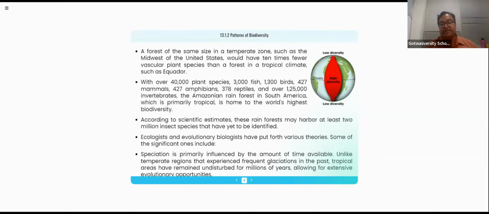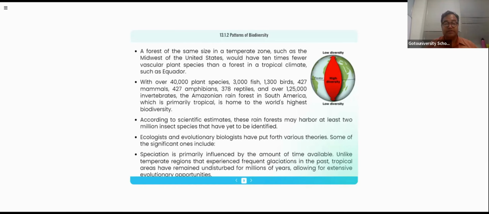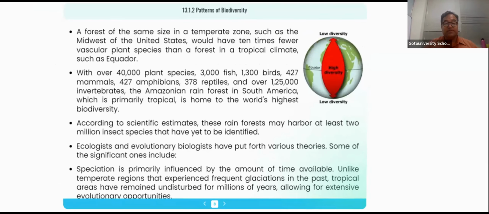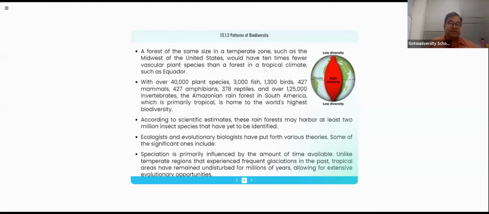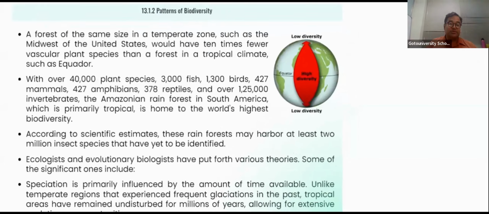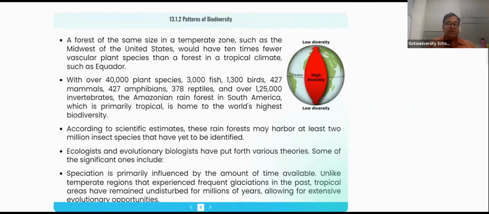Here, in the pattern of diversity, the Amazon rainforest in South America, a primary tropical area, is home for the world's highest biodiversity. The reason, which we told you n number of times, why Amazon is in first place in terms of biodiversity among all the forests, is that the number of climatic changes is less, and the impact of the climate change is also less.